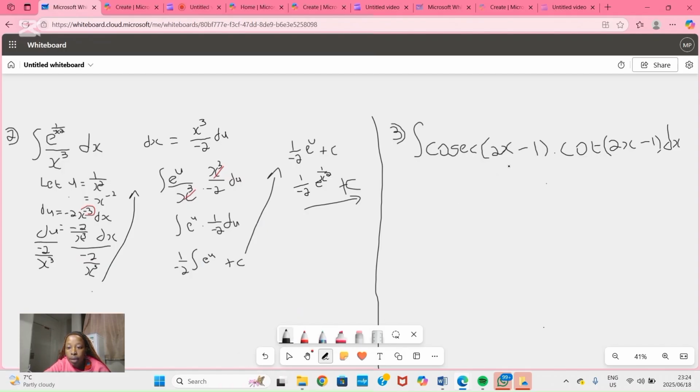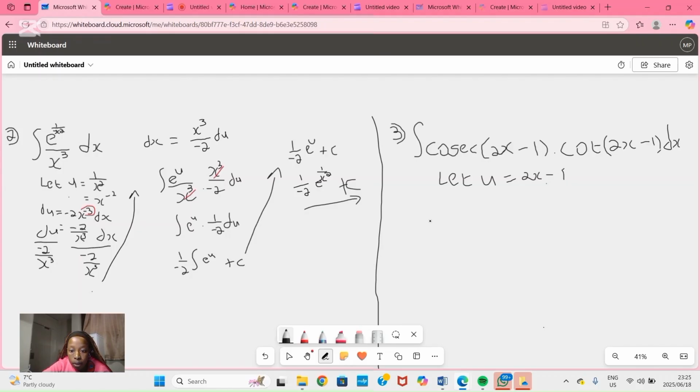We have something common, 2x minus 1, meaning we're going to let 2x minus 1 equal u. Let u equal 2x minus 1.